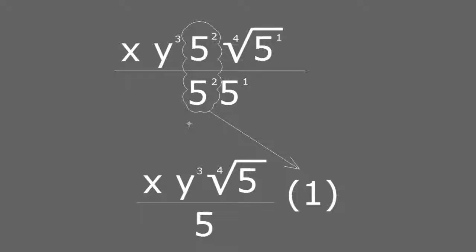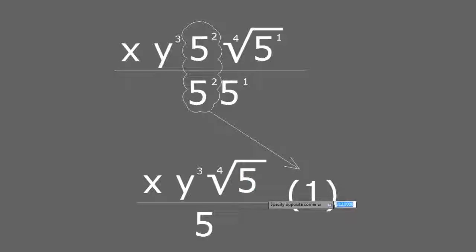As it happened before, these two, same thing in the numerator and the denominator, equals 1. So I do not have to write this 1. I can just forget about it. It looks like they disappear, but no, they became the number 1. And it is unnecessary to write the number 1 when you're multiplying something by 1. And now the same thing happens with the exponent equal to 1. 5 with an exponent 1 is just 5.